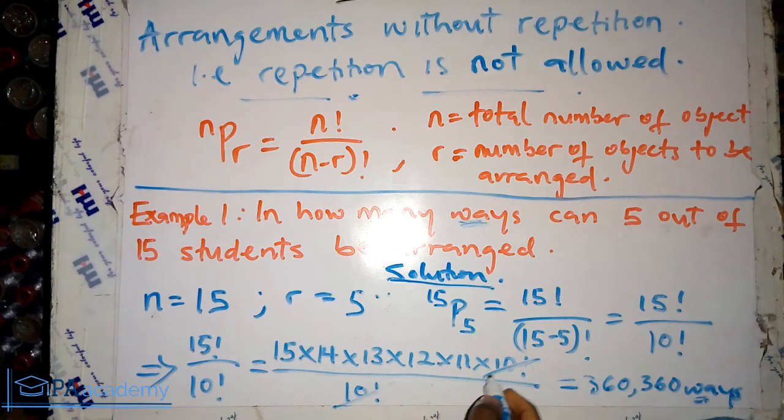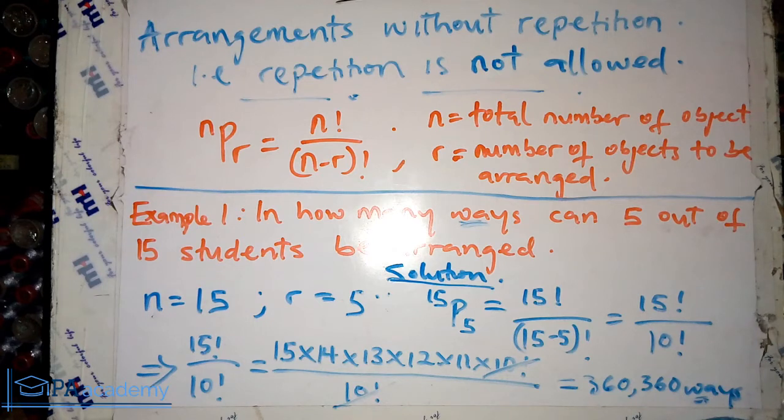If you decide to continue writing 15 times 14 times 13 times 12 times 11 times 10 times 9 times 8 times 7 till we get to 1, we're also going to do the same thing to the denominator, that's 10 times 9 times 8. So instead of taking all the space and time, you can just stop at 10 factorial because we know that we are still going to have 10 factorial in the denominator, so they can cancel out. So that is it for example 1.